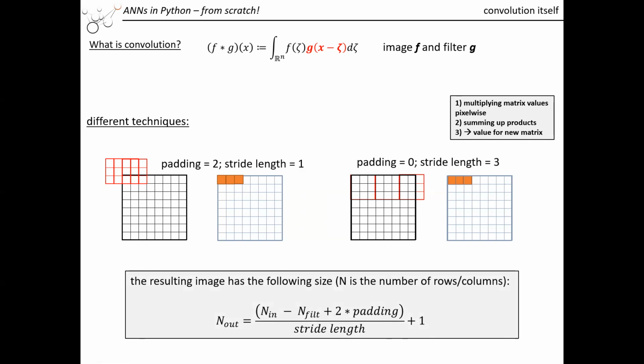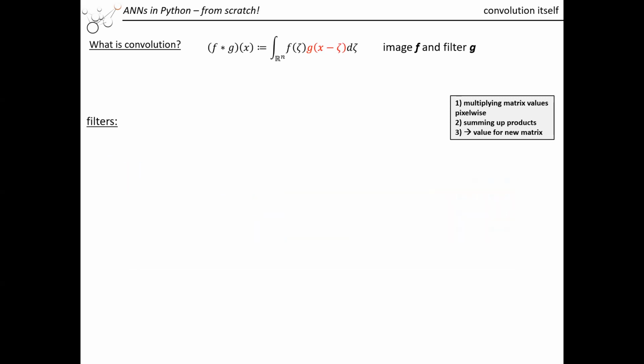If you just think about how that works, you can derive this kind of equation easily. But this equation will be important if we want to pre-allocate matrices, for example, in our convolution codes.